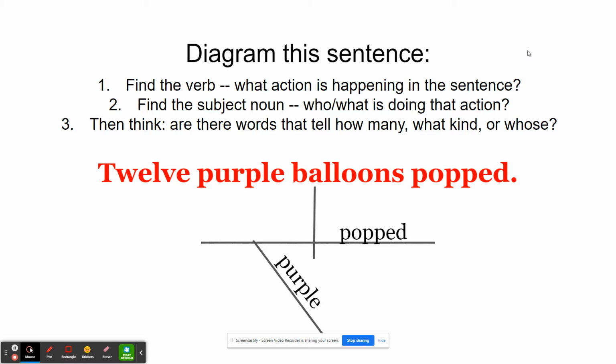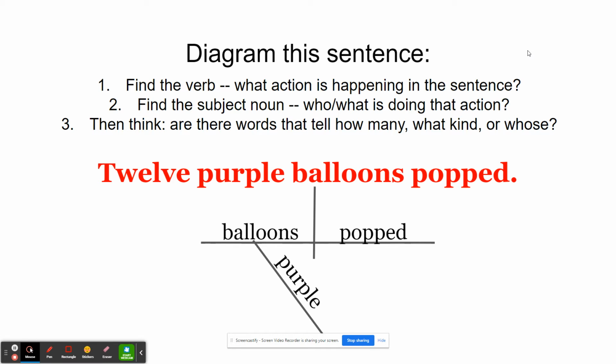Who or what popped, Axel? Balloons. And I accidentally gave away an answer already up there. Purple goes under balloons, right? Purple tells what kind of balloons. The popping wasn't purple. It's the balloons that were purple.